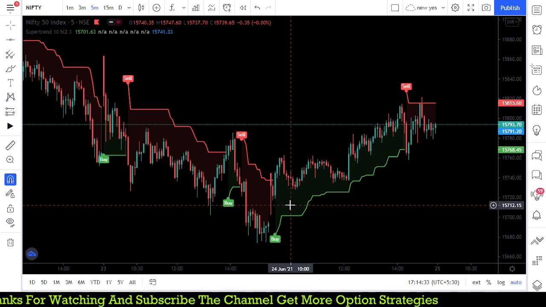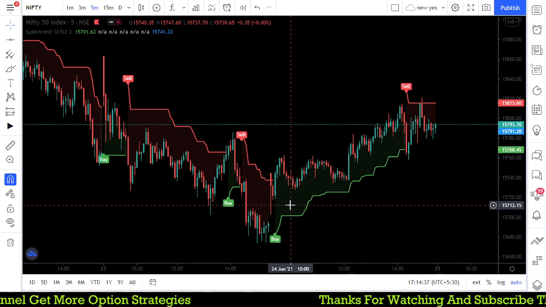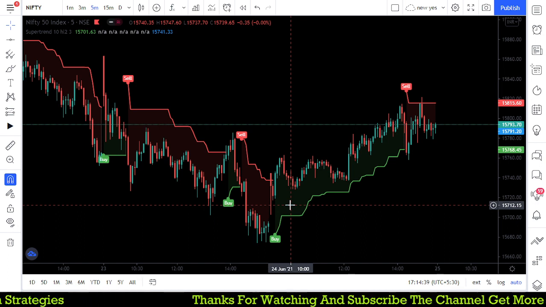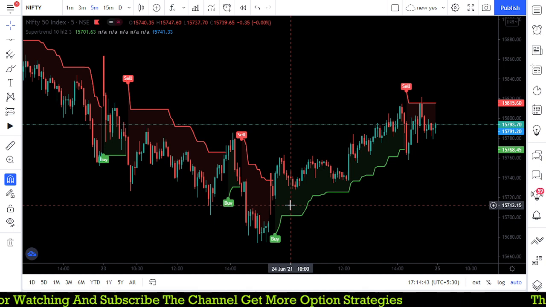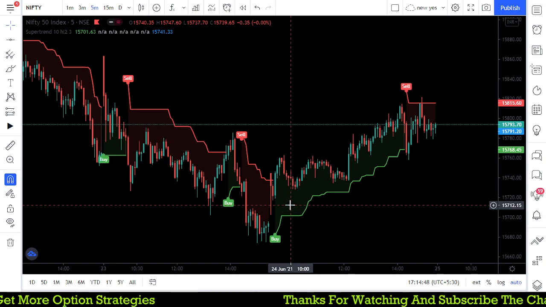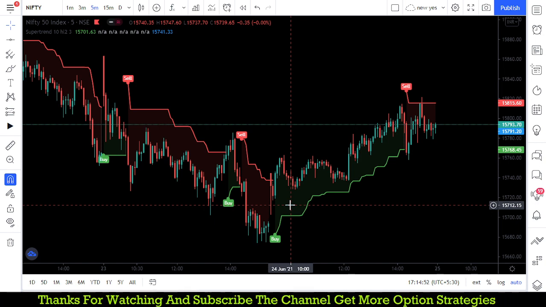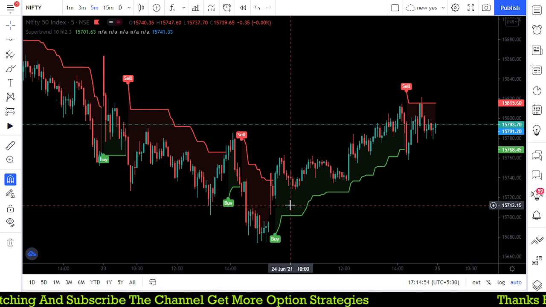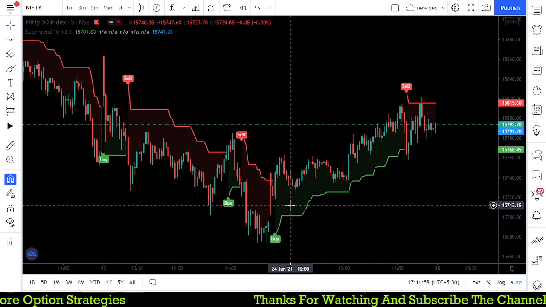In a trending market, the Super Trend will give you a nice and good return, but we may lose the profit we earned from the trending market in a range bound market. That is the important thing to know if you are using any indicators.